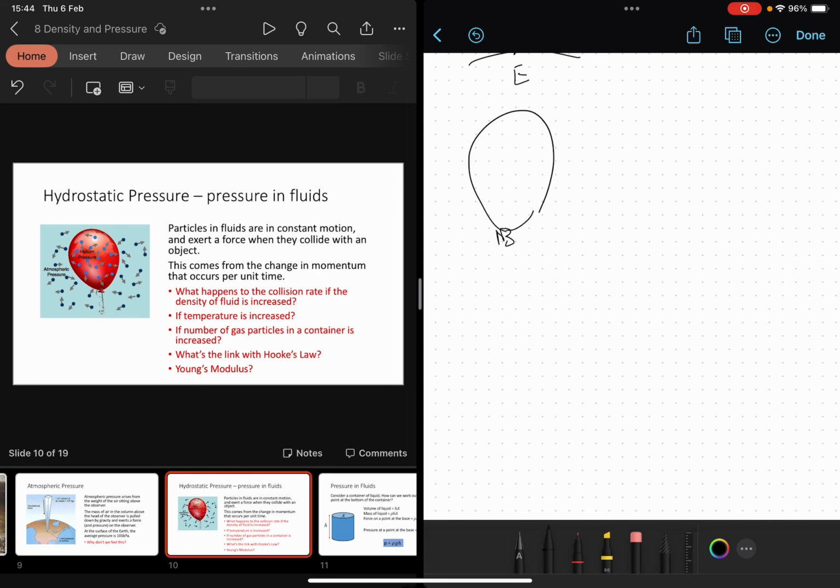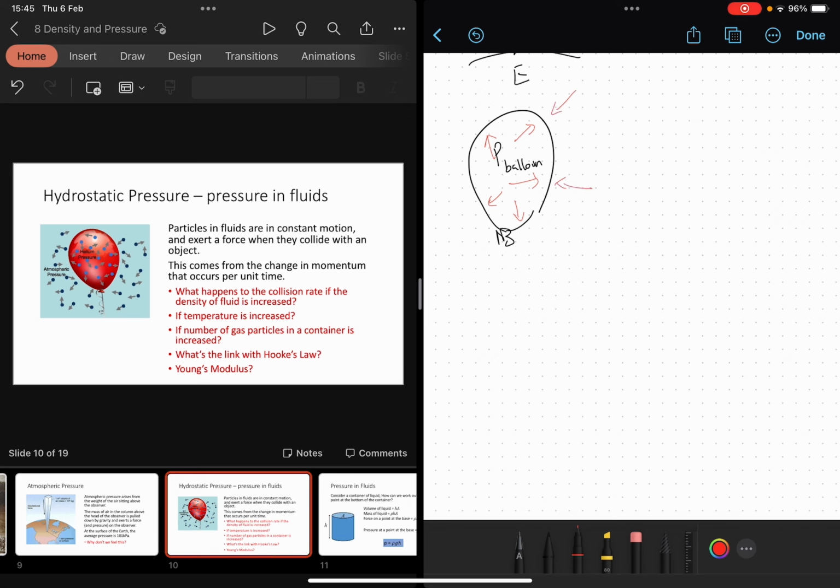So we've got an example of a balloon. The balloon is under pressure. We have inflated it. We've put our own air from our lungs inside of the balloon, and that is acting normally to the surface. That force from that pressure is acting normally to the surface area of that balloon. But of course, we don't live in a vacuum.